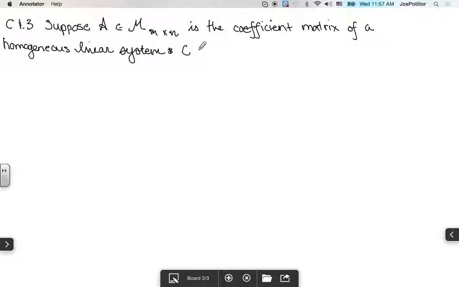And C is row equivalent to A in row echelon form. What row equivalent means, of course, is that I use the elementary row operations to change A into C.